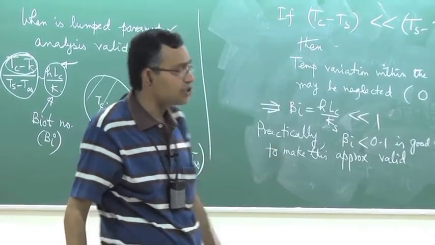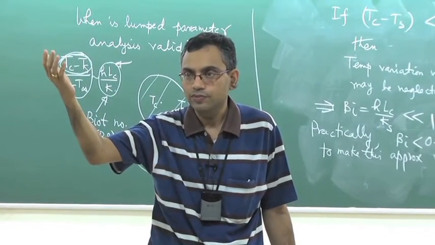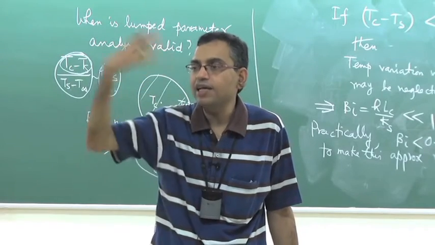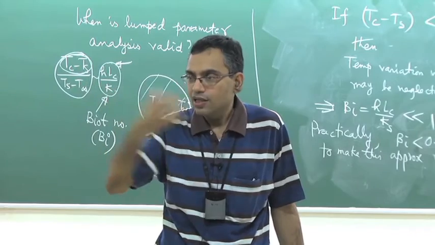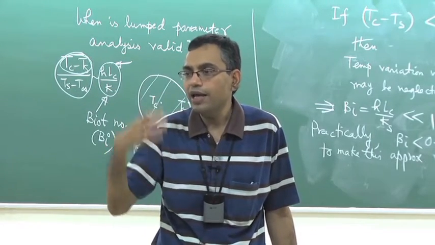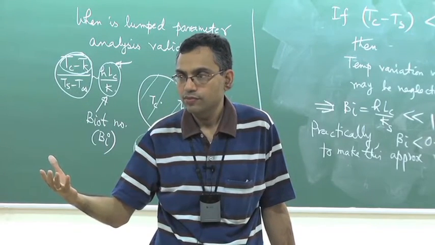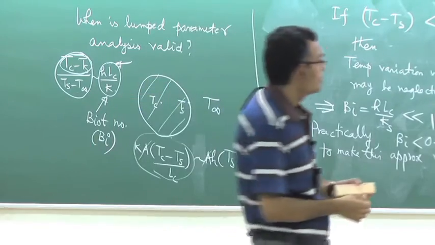So V by A small means actually area much larger as compared to volume. So then the body will quickly adjust to its change. In other words, in this quenching example, it will cool fast if V by A is small, right.